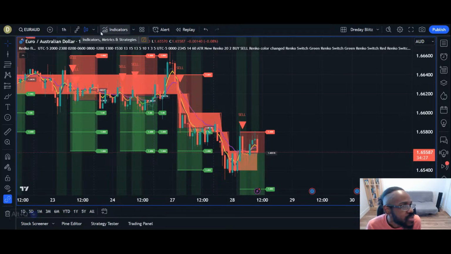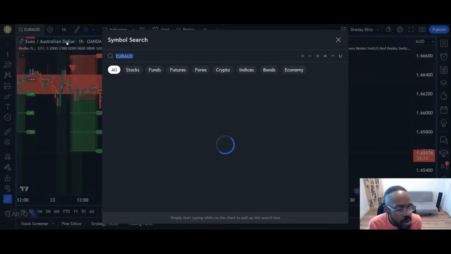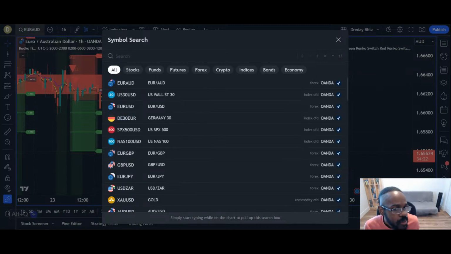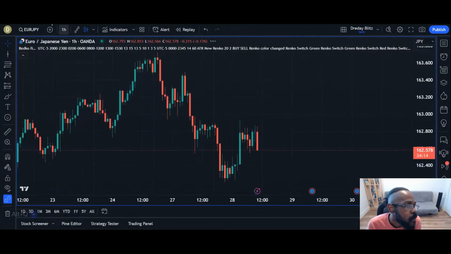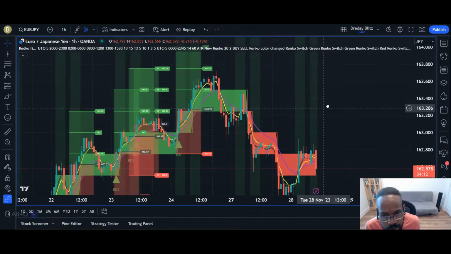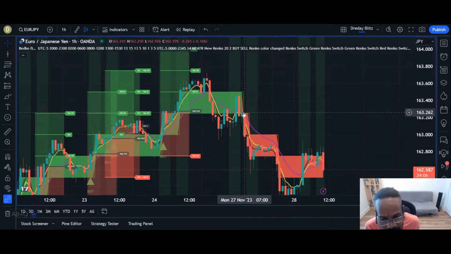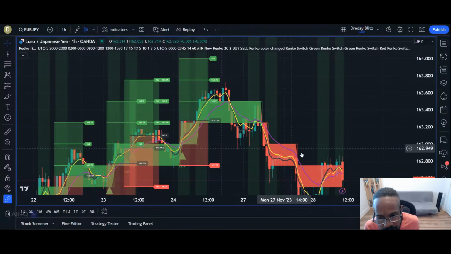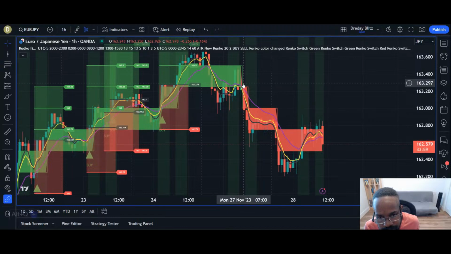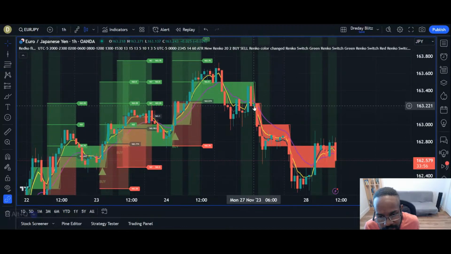So let's look at Euro JPY. I have it here. So Euro JPY, that's the 1 hour chart. If you have taken the actual trend since yesterday, it was bearish since yesterday at 7 a.m. So you would have received a notification with version 5 or even version 4.